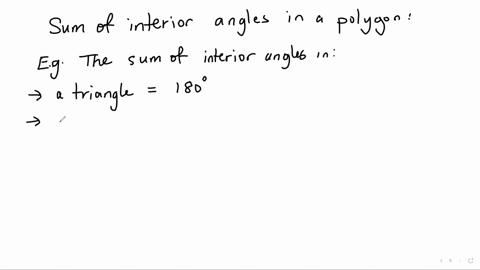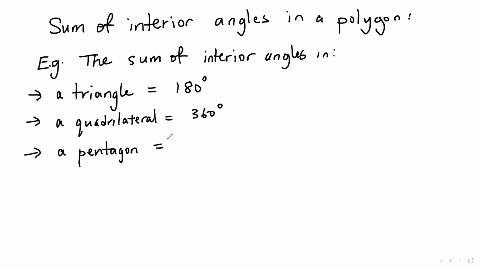In a quadrilateral, it is 360 degrees. And Zara said it's 540 degrees in a pentagon, which is a five-sided polygon.